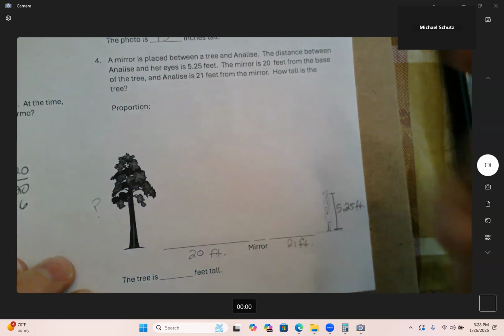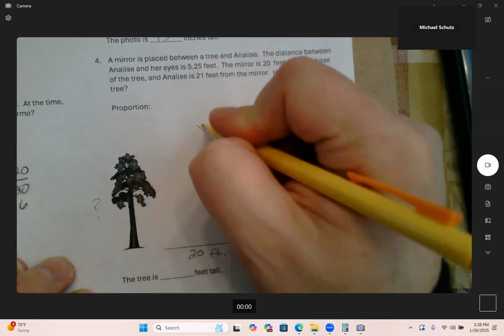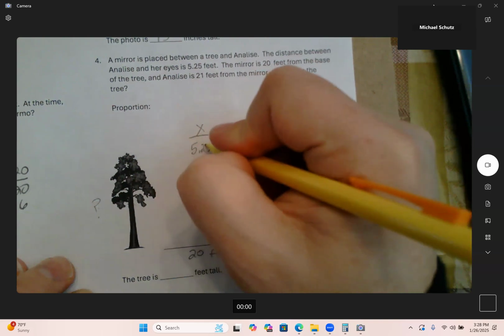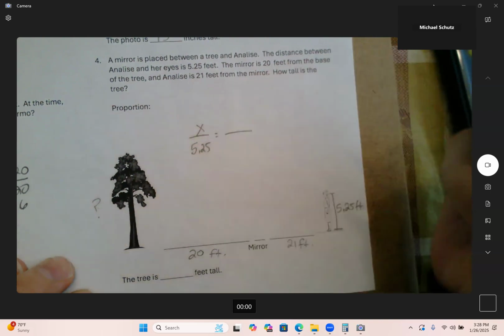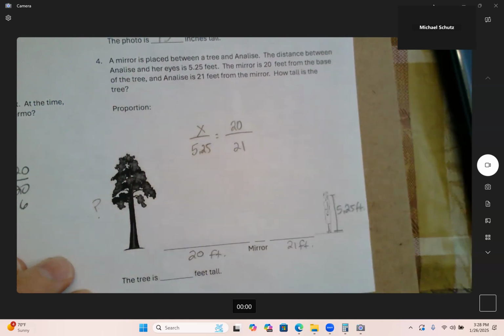All right, so here we go. I don't know how tall the tree is. I know Annalise is 5.25 feet, and then the tree is 20 feet from the mirror, and Annalise is 21 feet from the mirror. So this is not going to be a very tall tree.